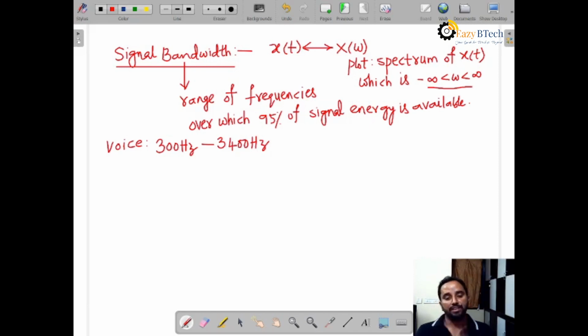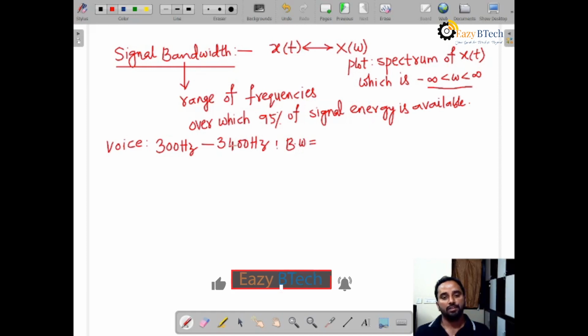In this range most of the signal energy is available, so this range is the bandwidth. The bandwidth of the voice signal is 3400 minus 300, that is 3100 Hz.